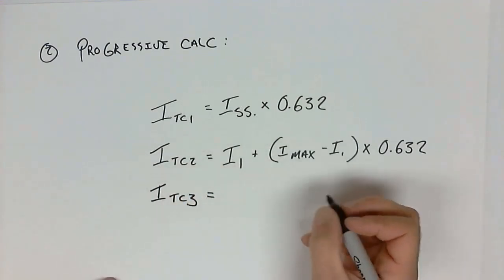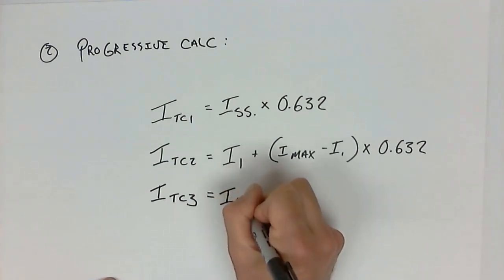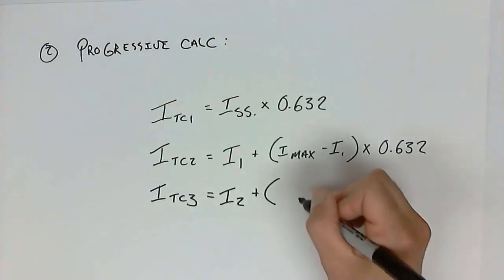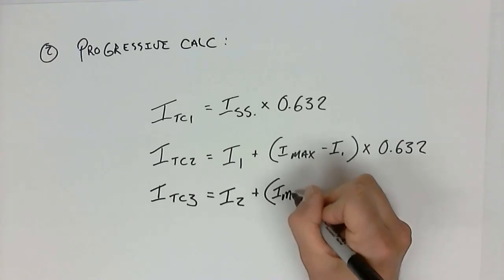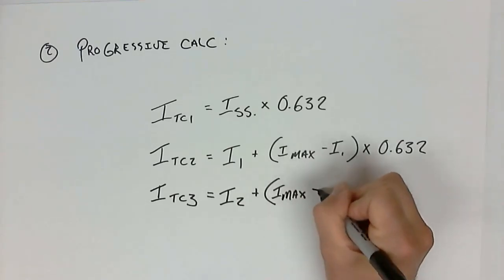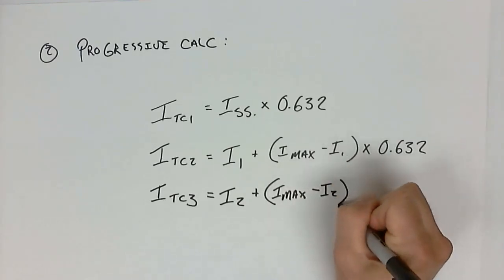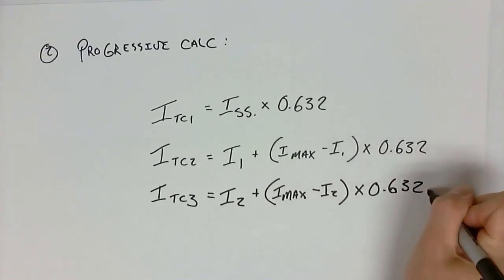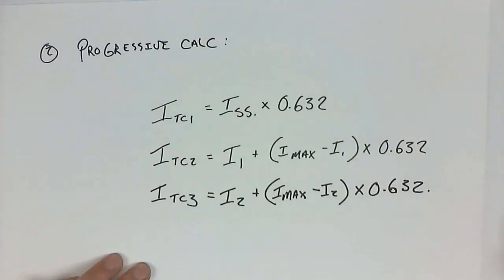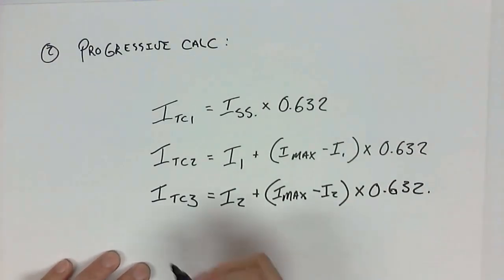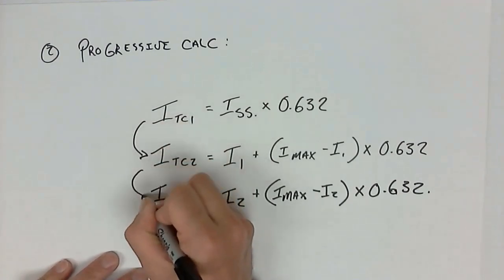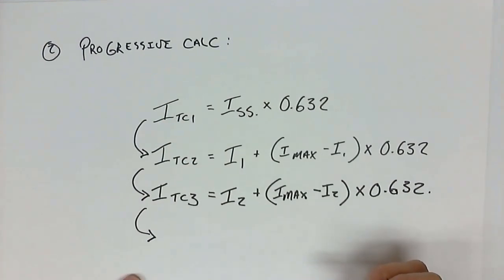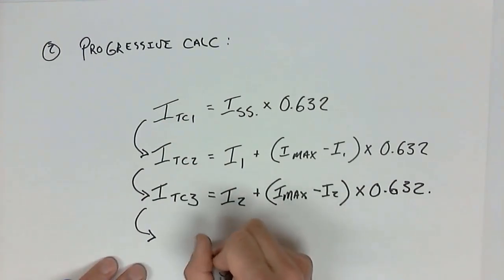Well, what we would need to take is the current at time constant 2 and add to it the maximum or steady state minus I2 times 0.632. Oh my goodness, this sounds painful in the progress that it would take in order to get down to our answers. It takes forever. Don't do this calculation.